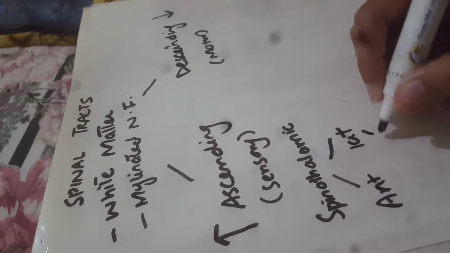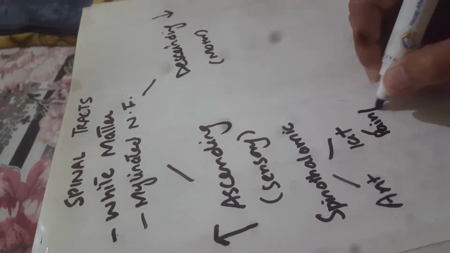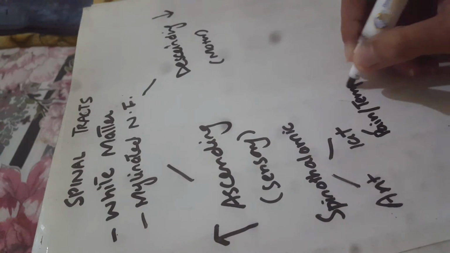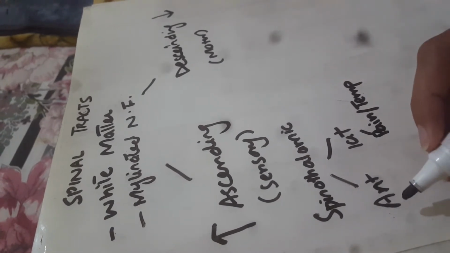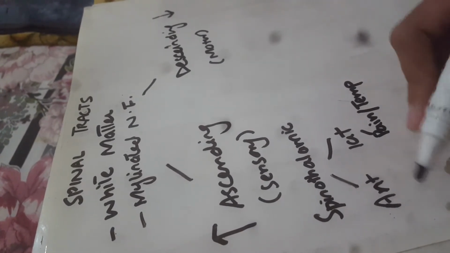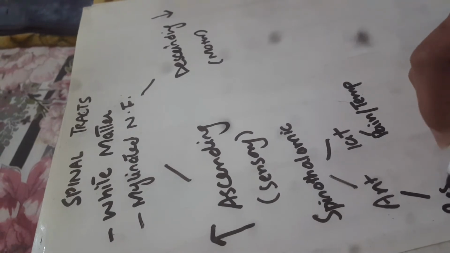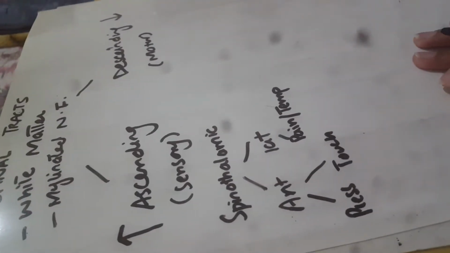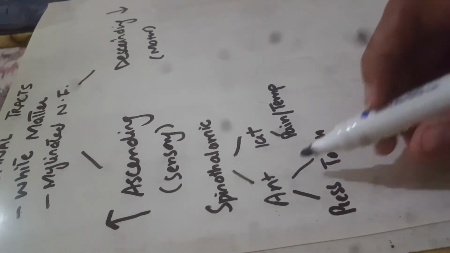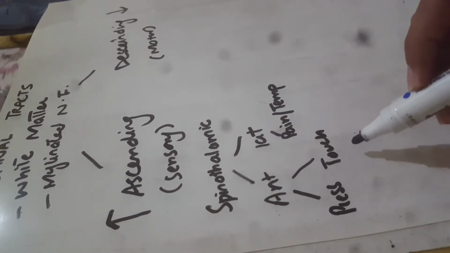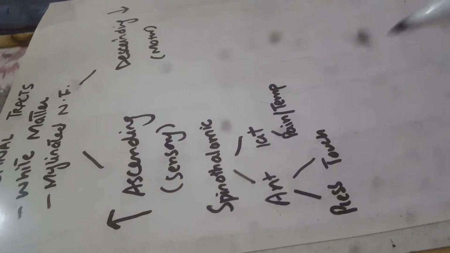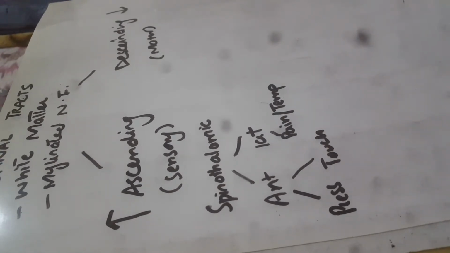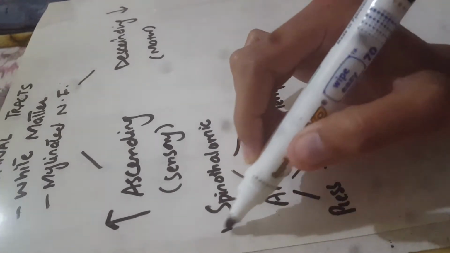Lateral carries pain and temperature sensations to the brain, while the anterior one carries pressure and touch sensation to the brain, right? This is sensory information. And this is the spinothalamic tract.